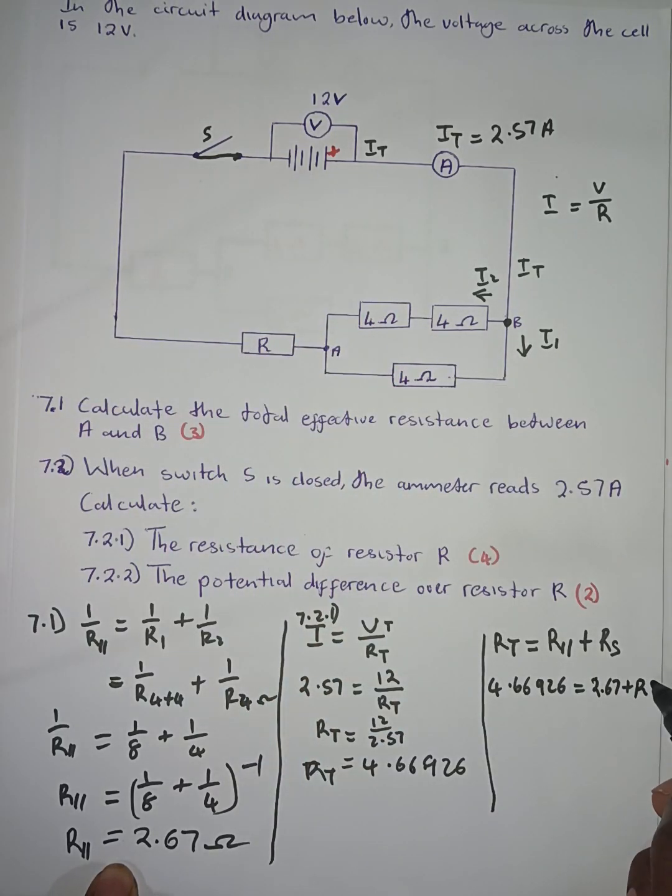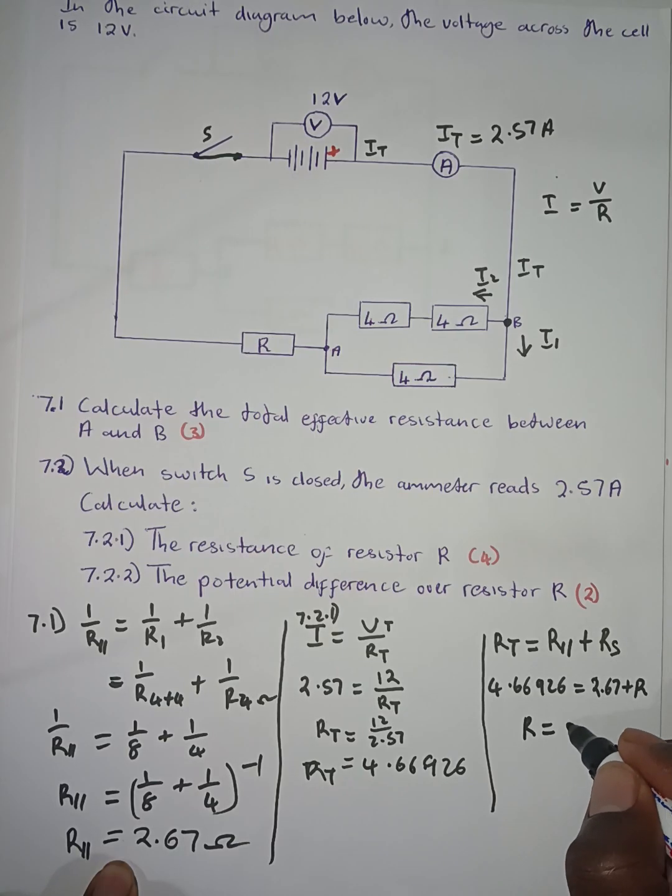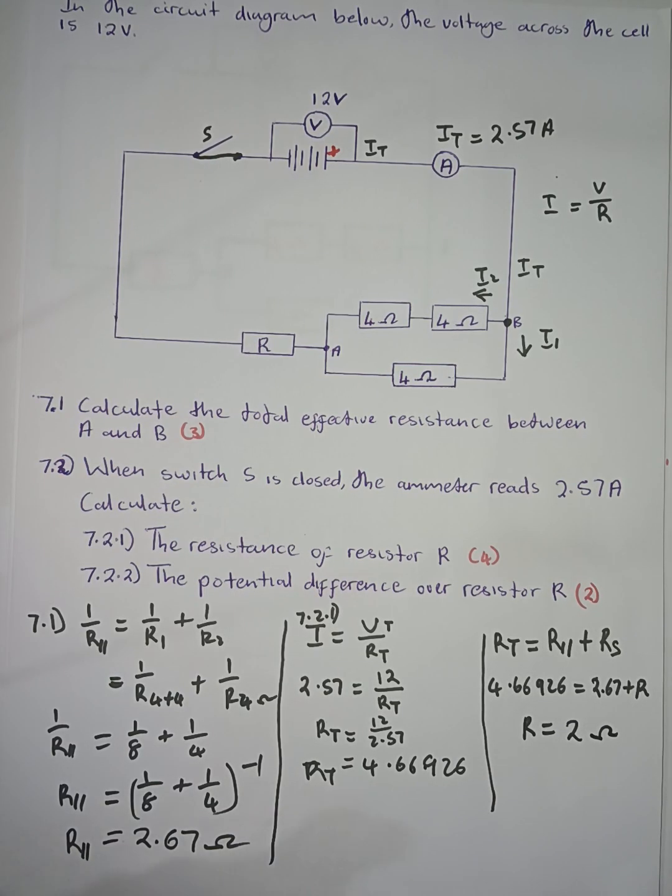To find that R, you're going to transpose that 2.67. In this case, if I round that off, you're going to get a value of 2 ohm. So that would be the value of that R.